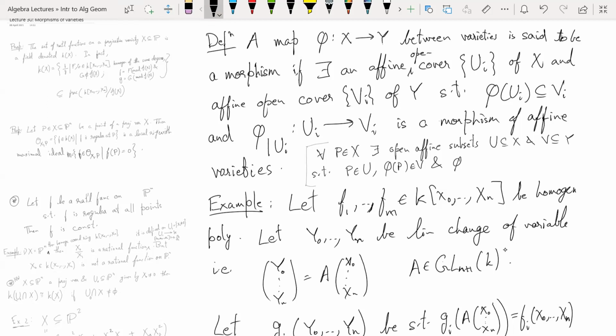I can write it this way: phi restricted to U from U to V is a morphism of affine varieties.